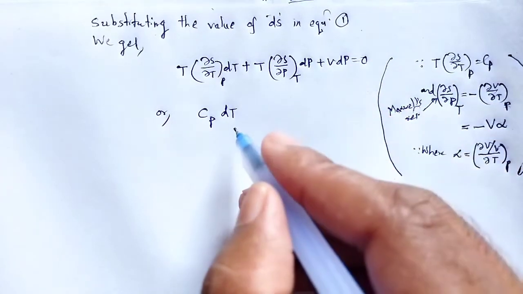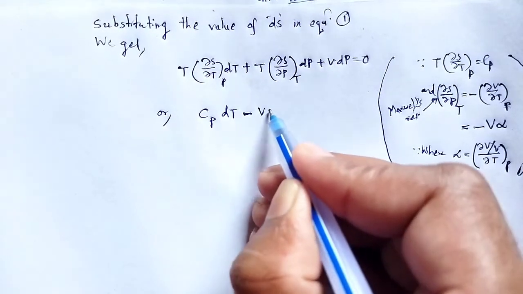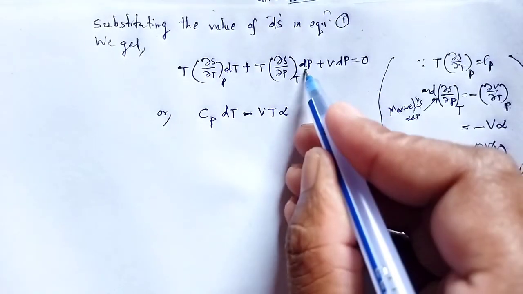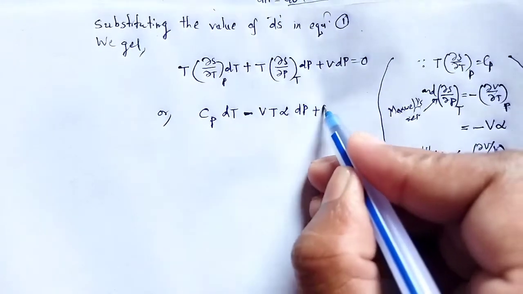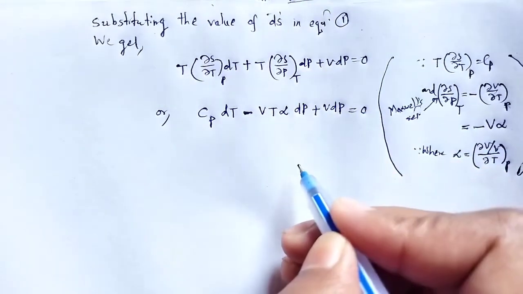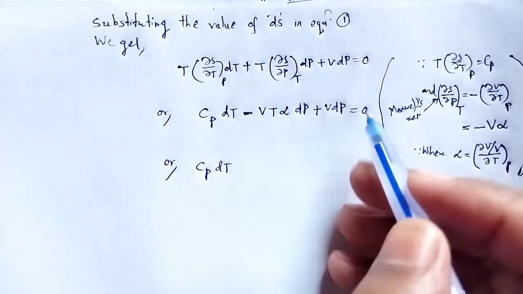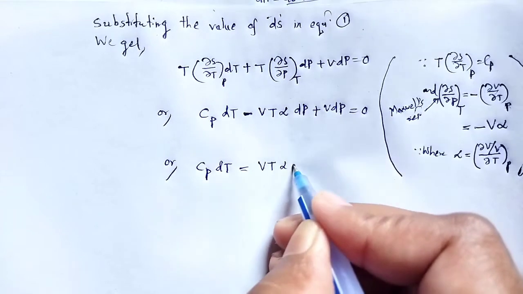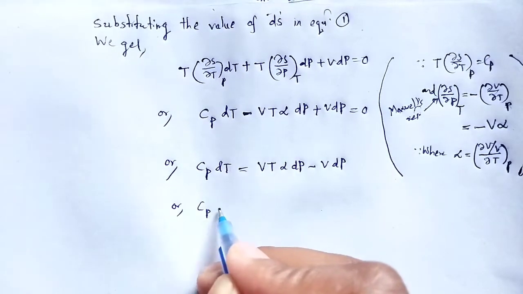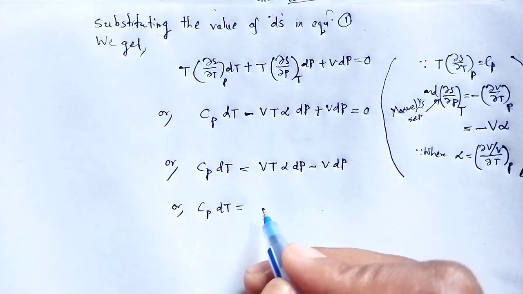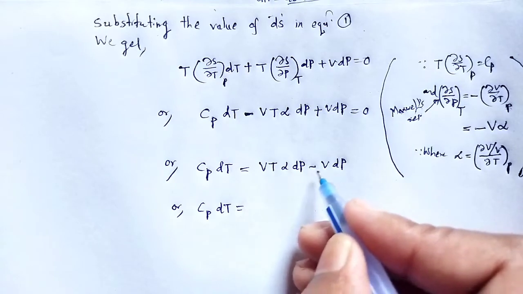Cp dT, then minus V T alpha dP, plus V dP is equal to 0, or Cp dT, that term to that side, that is V T alpha dP minus V dP, or Cp dT is equal to V as common.